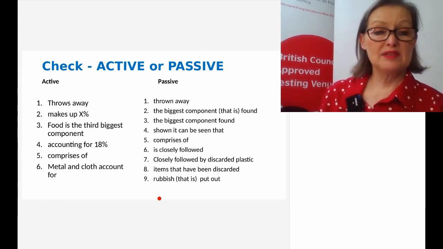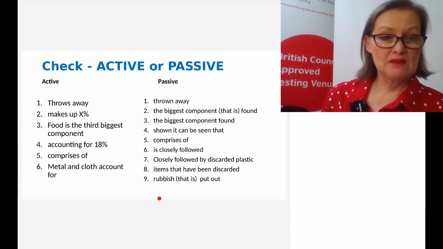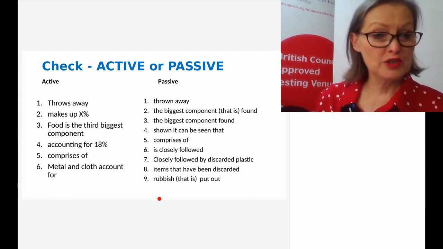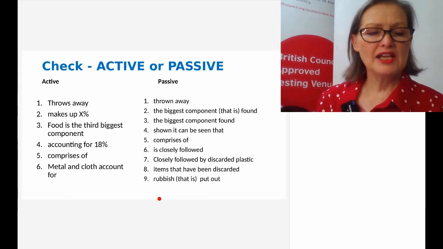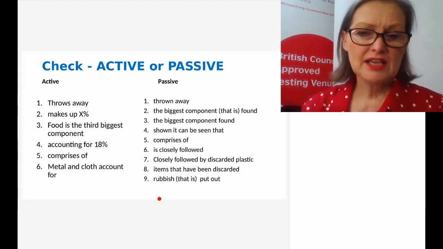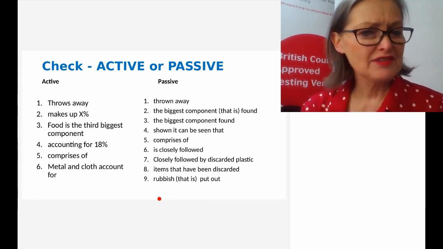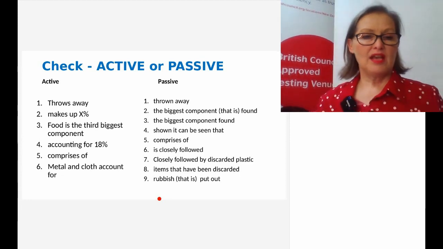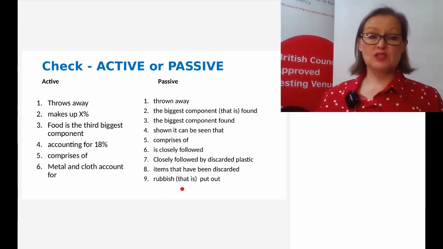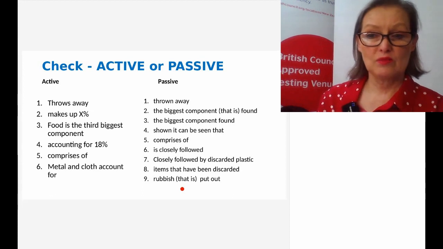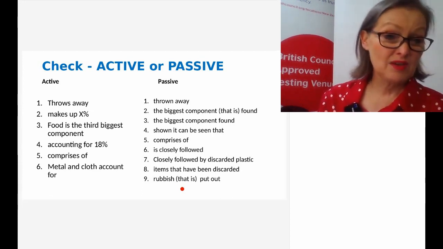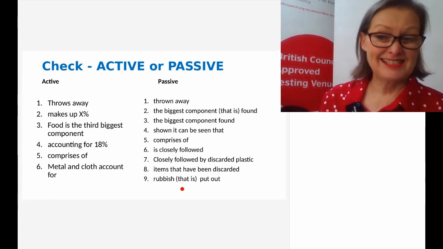Makes up X percentage. Food is the third biggest component. And notice the tense in this particular pie chart, because they haven't given us a time. And therefore, we're going to just be talking in our present tense. We report the facts in the present tense.